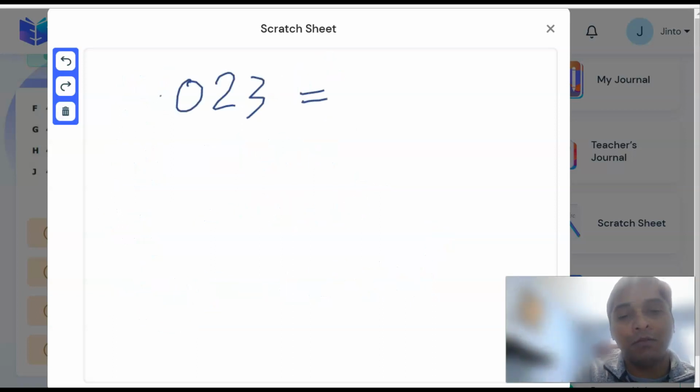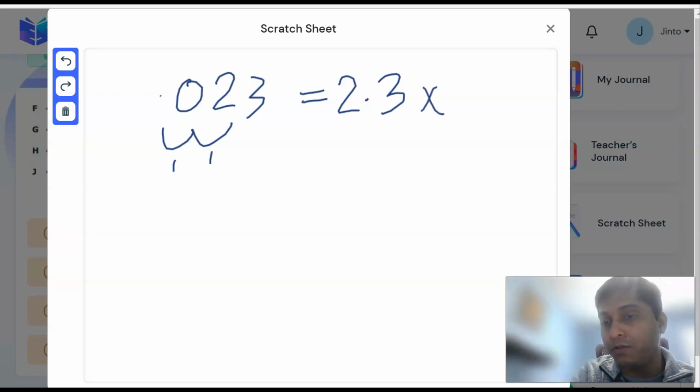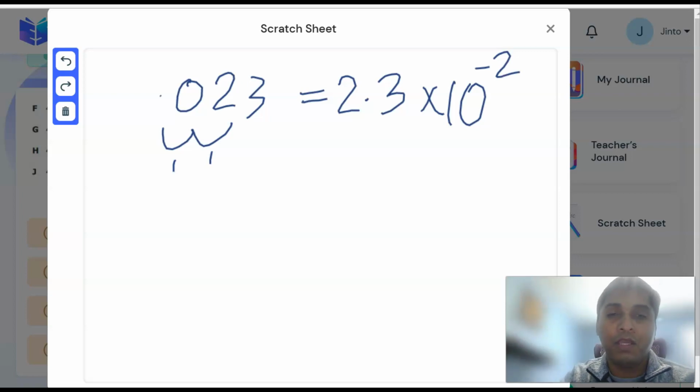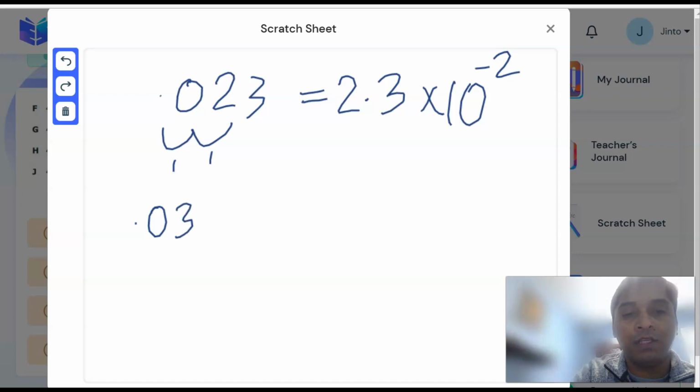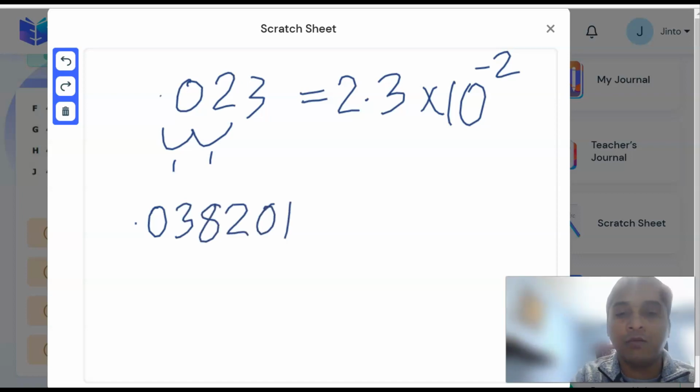Or else 0.023. So what did we do? We moved the decimal to the right, 1, 2. So we get 2.3, but we moved 2 times, and it goes into the negative exponents because it's a value less than 1, so 10 to the power of negative 2. Another number such as 0.03821, how would you do that?